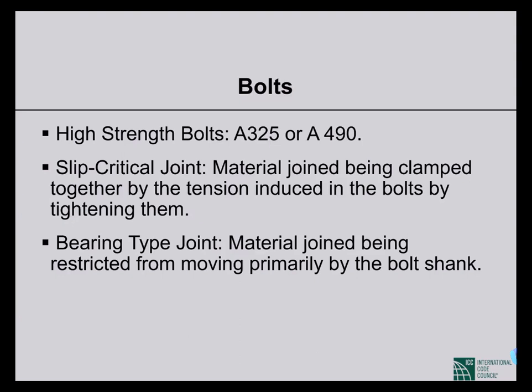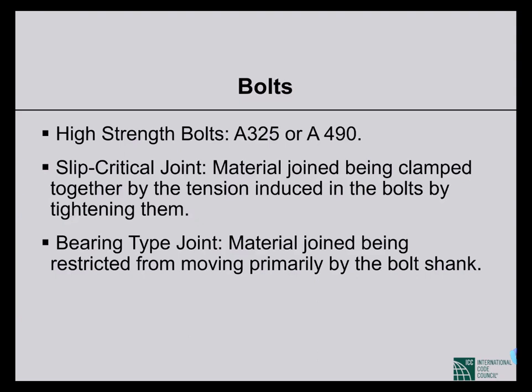The specifications for high strength bolts are either A325 of ASTM or A490 of ASTM. Okay, and with bolts, we can have two types of joints. One is slip critical joint, another is bearing type joint.